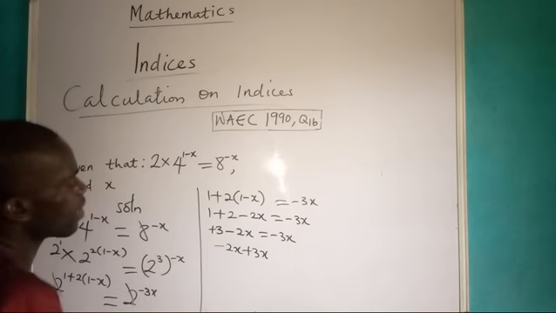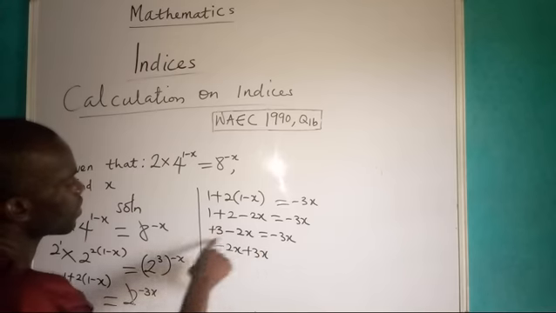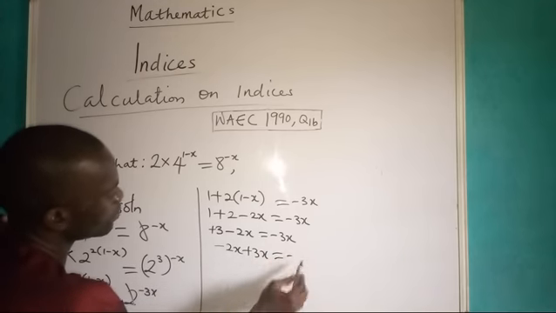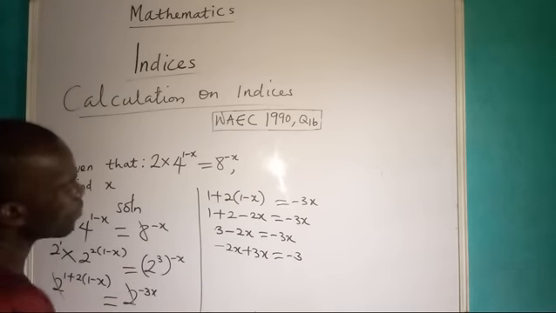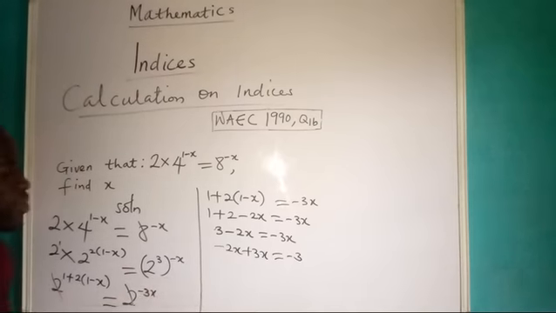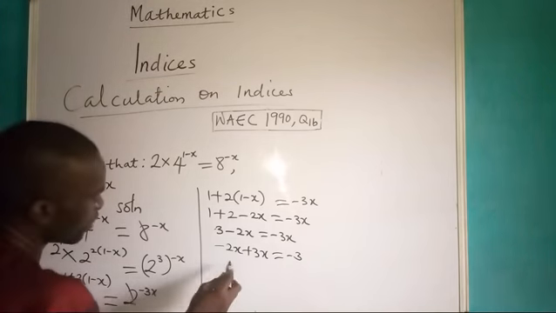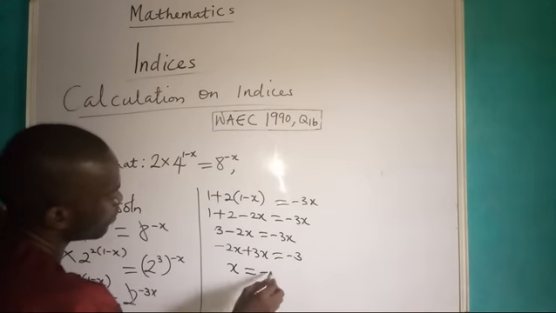This one simply has an invisible plus, and we cross this equal sign, move over to this side, become minus 3. Now what can I do next? Because they have common terms, I can simplify them. Minus 2x plus 3x, I will have x. And here become minus 3.